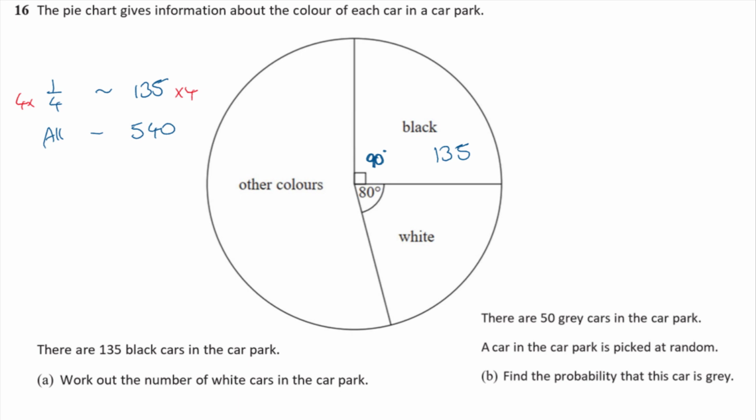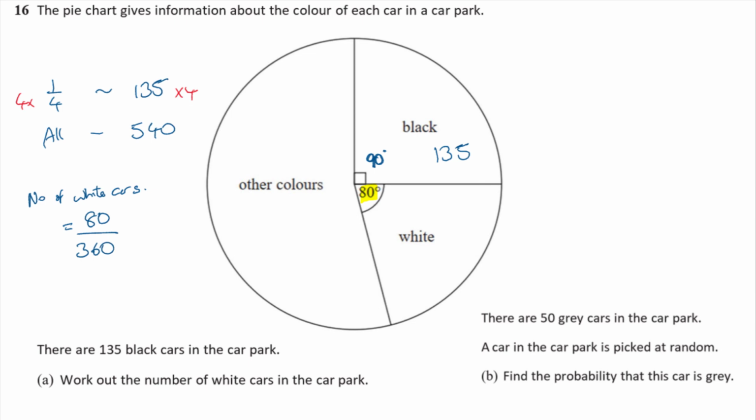So then what fraction of those are white cars? Well, the angle in the center here is 80 degrees. And in a full circle, I've got 360. So the number of white cars is going to be equal to that angle at the center over 360.